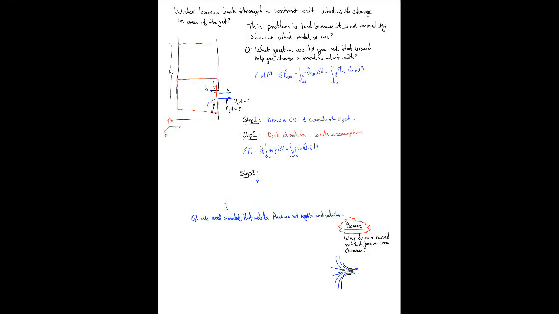And we are going to make some assumptions for this problem, and why don't you pause this and try to guess these assumptions ahead of time. We're going to assume uniform flow at the entrances and exits of our control volume. We're going to assume our density is equal to a constant. That's pretty reasonable, this looks like water.